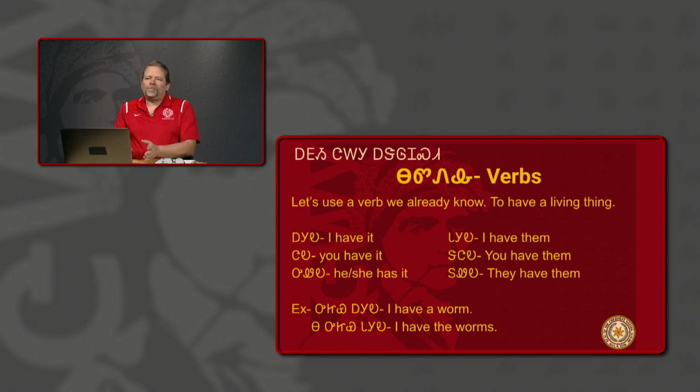So when we come back, we're going to talk about classifying verbs, okay? So in Cherokee, a lot of very, very common verbs, we have 5 different ways to say it, depending on what it is.